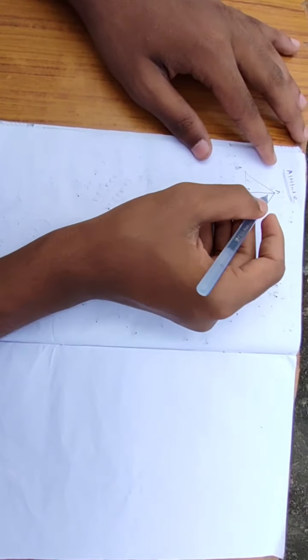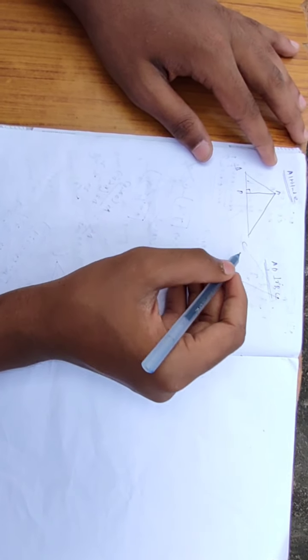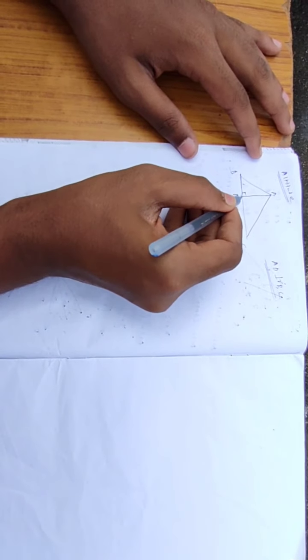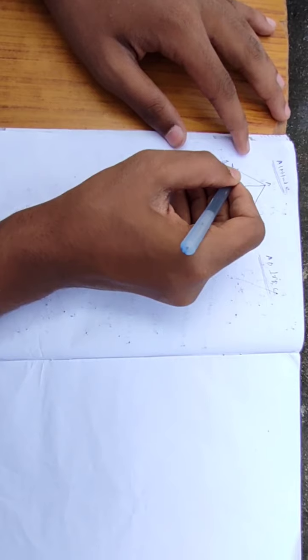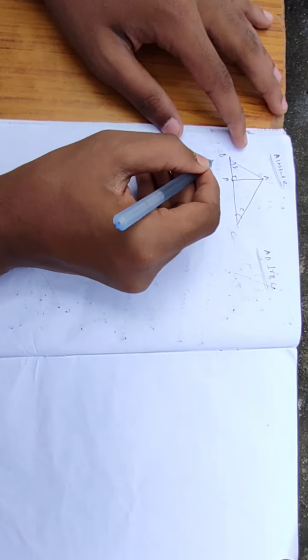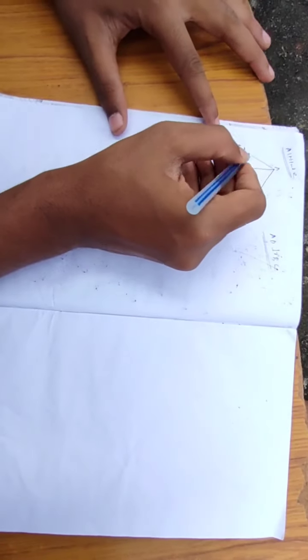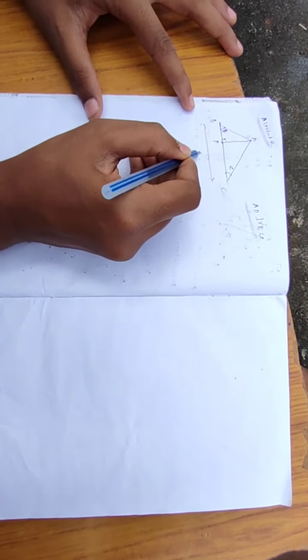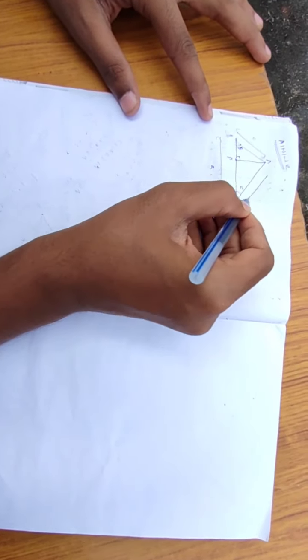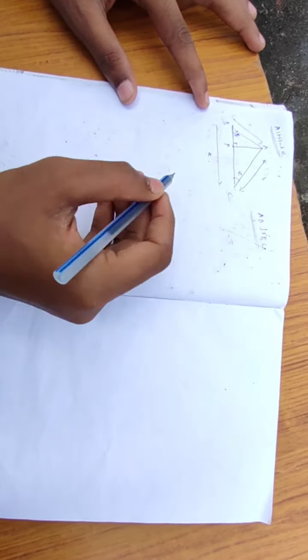So altitude is also a cevian which is perpendicular to the other side, and how does it divide the other side? So this is angle B, angle C, and this is A, and we know this is small c, this is small b.